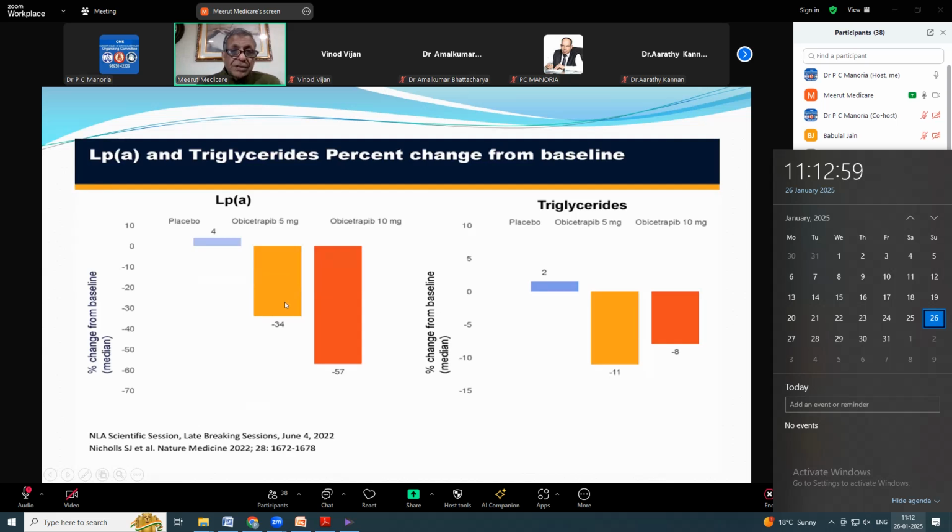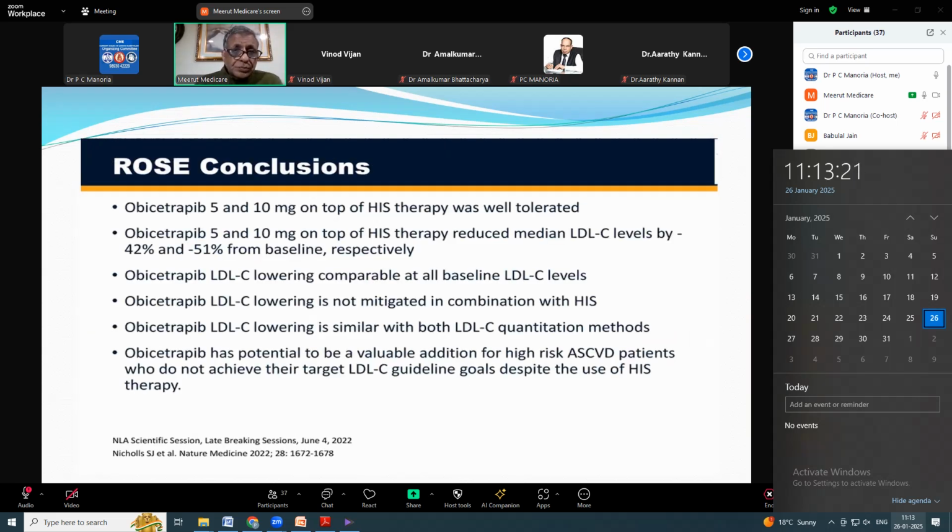LPA reduction, 34%, 57%. TG reduction, 11 and 8%. So everything matches the way we think LDL lowering should work: LDL lowering associated with TG reduction, with LPA reduction, with non-HDL reduction and ApoB reduction. So obicetrapib is in a way a very ideal molecule.